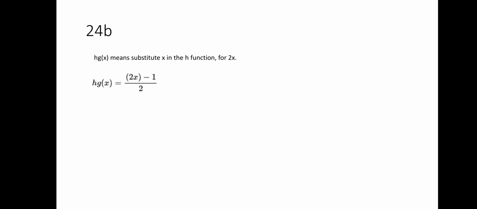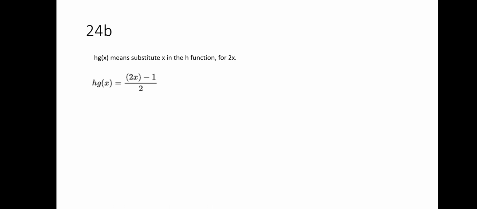24b. The function g of x is 2x, and h of x is x minus 1 divided by 2. Circle the expression for hg of x.